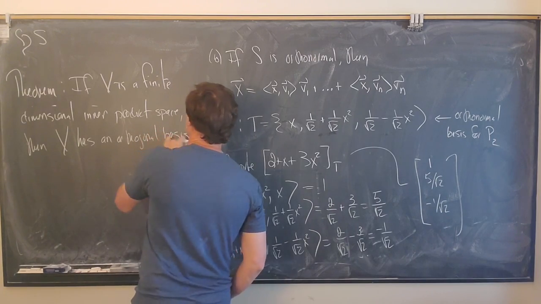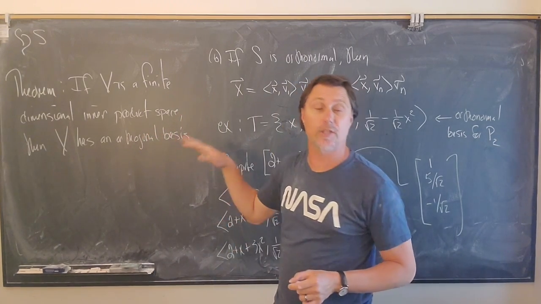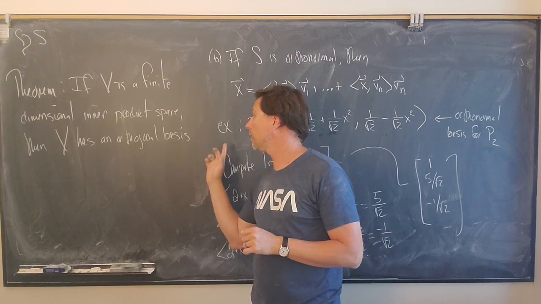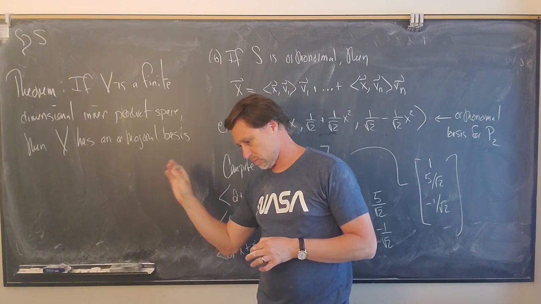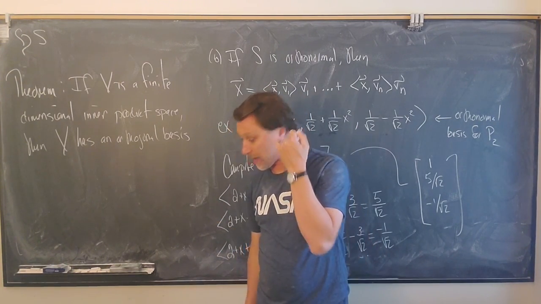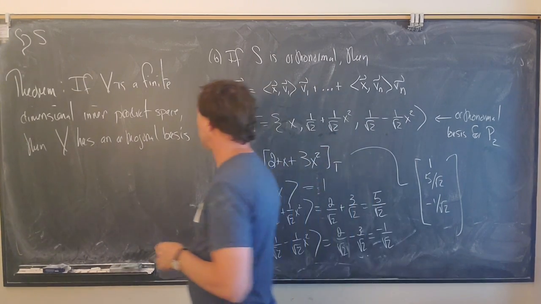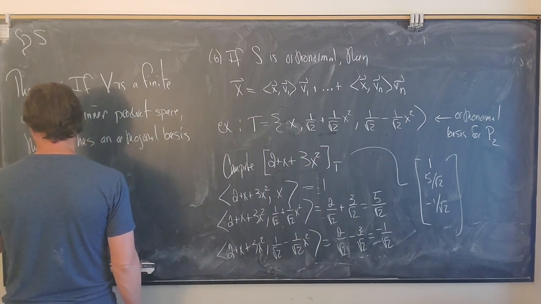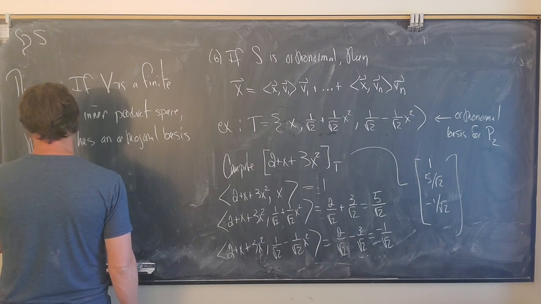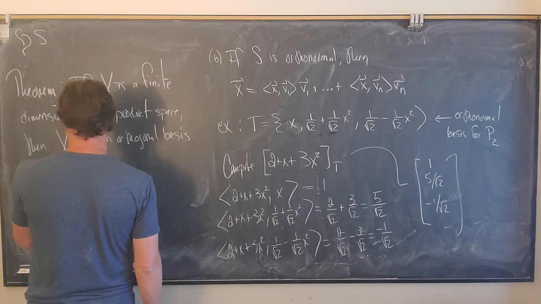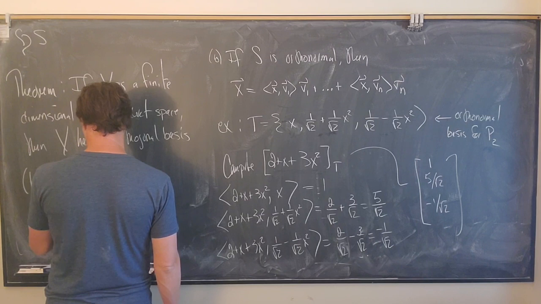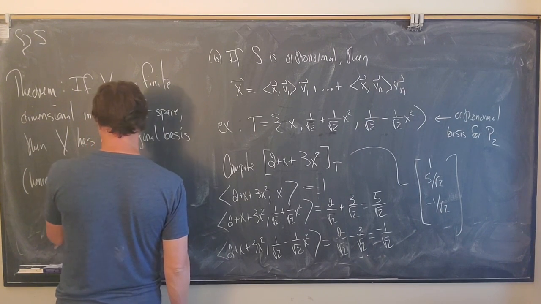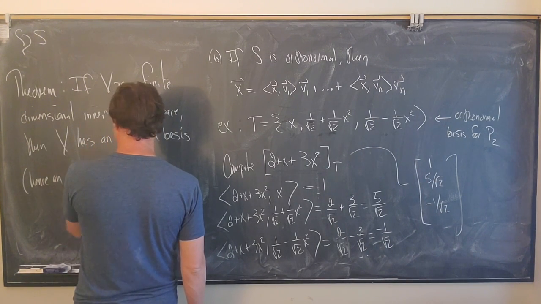And once you have an orthogonal basis, by just dividing each of those basis vectors by the norm of itself, that converts it to an orthonormal basis. So it has an orthogonal basis, and hence an orthonormal basis.